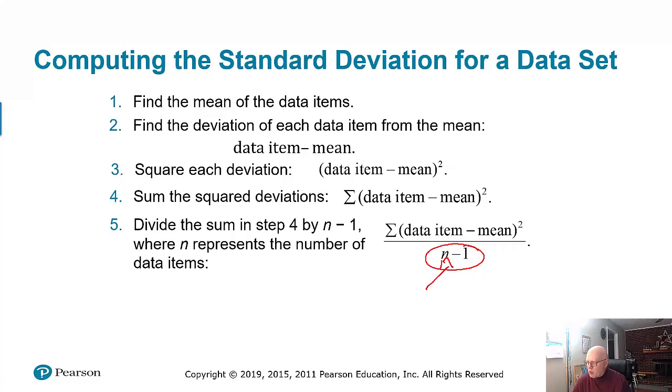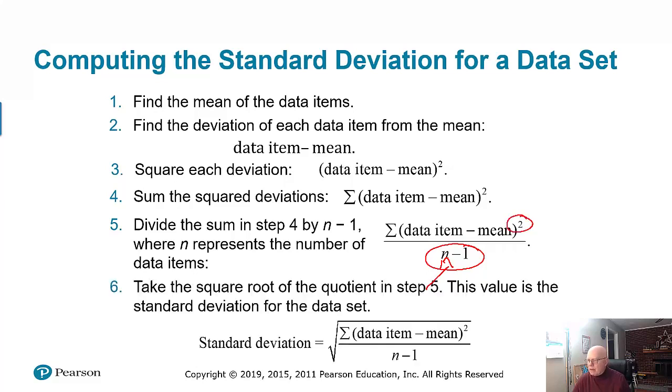In this case, there were 4. So we've got 4 minus 1. We'll be dividing this sum of the squares by a 3. Take the square root of that result, and you've got your standard deviation. Now, with 4 data items, it's not too bad, especially if, in this case, all of them were integers. That's almost too easy, right?